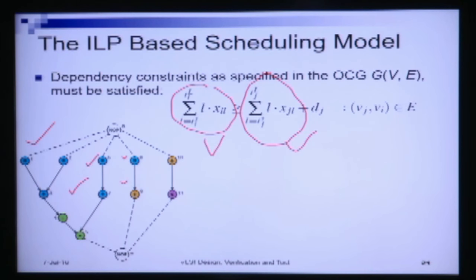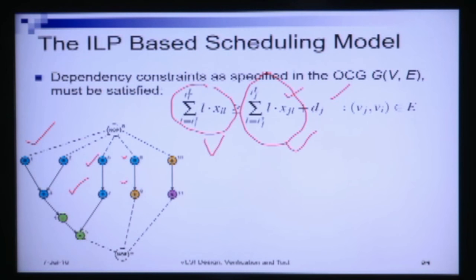Therefore, the propagation delay of operation J plus the start time of operation J should be the earliest start time of operation I. This is what it says. So, the start time of operation I should be at least the start time of operation J plus the delay of operation J.